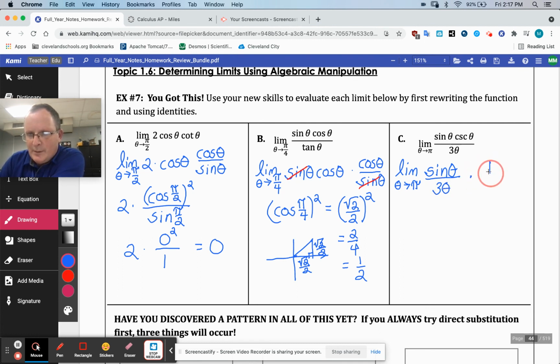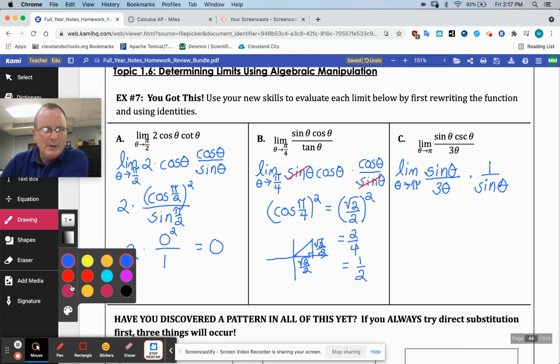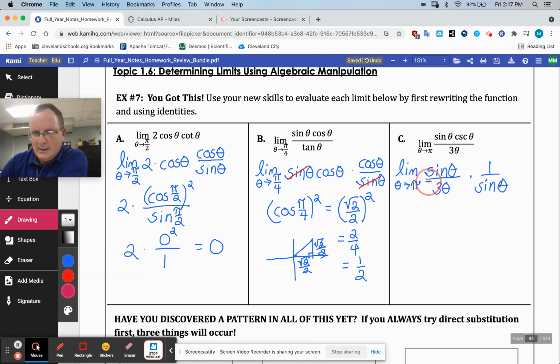That's 1 over sine theta. Okay, and so there we go. And these cancel out. And so now I can evaluate. And so this is going to equal 1 over 3 pi.